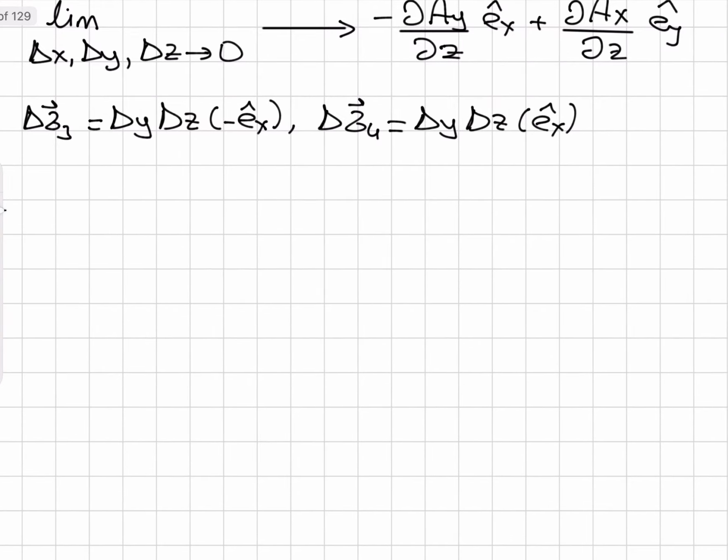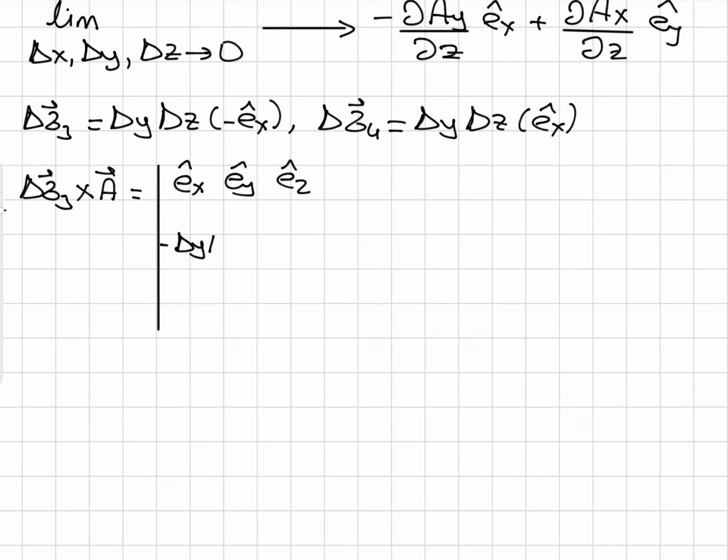So delta sigma 3 cross product with my vector A gives me, using the determinant, ex hat, ey hat, ez hat, minus delta y, delta z, 0, 0, ax, ay, and az.